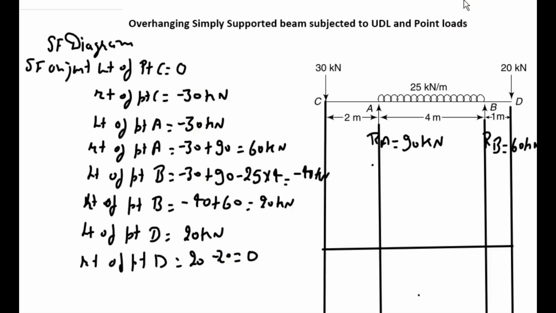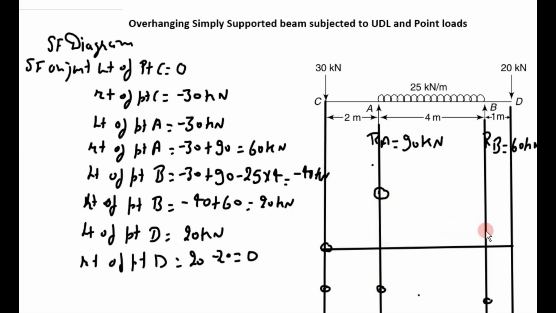Now plot all these points on this reference line. First point, C is 0. So plot here, C is 0. Then C is minus 30, minus 30 here. Then A minus 30. A 60. Then B minus 40.